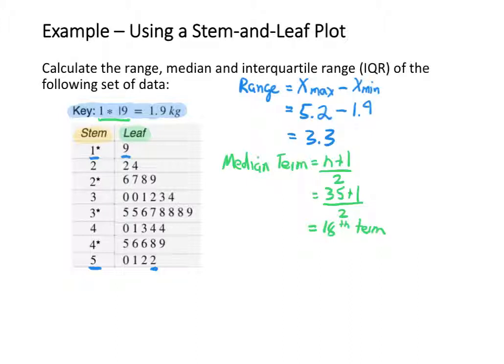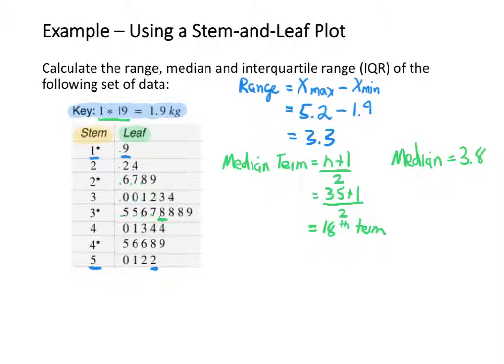What I need to do now is go to my first number, which is 1.9, and count until I get to my 18th number. 1, 2, 3, 4, 5, 6, 7, 8, 9, 10, 11, 12, 13, 14, 15, 16, 17, 18. So my 18th term is going to be 3.8. So my median is equal to 3.8.